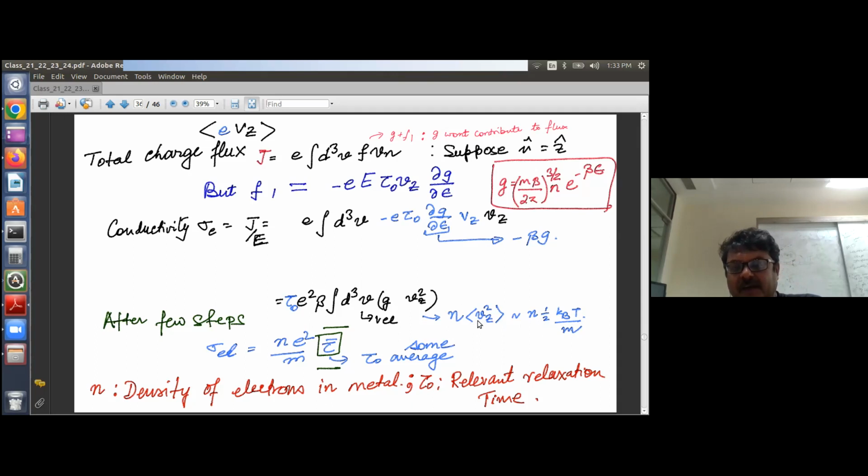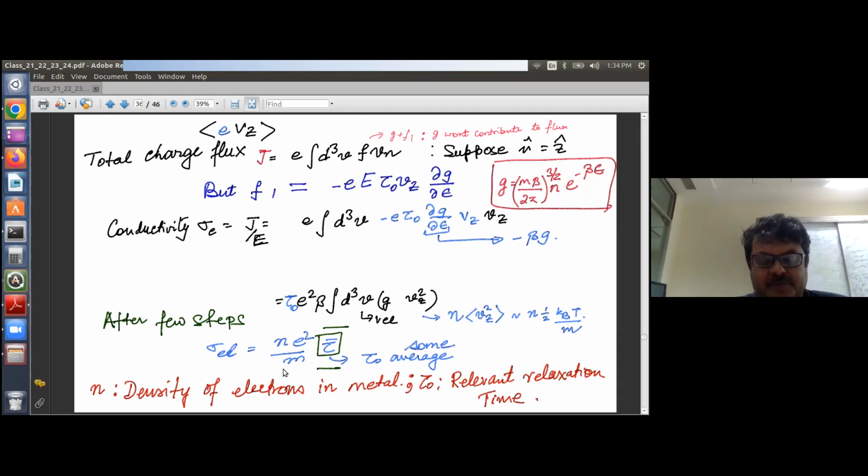So basically half mvz square would be half kbt, but if you have vz square average, then you wouldn't have the half here, you will just have n kbt by m, which you substitute, and kbt cancels, so you have tau, some average tau, the relaxation time due to collisions of all the gases, some time scale in the problem, E square n by m, and beta has cancelled.